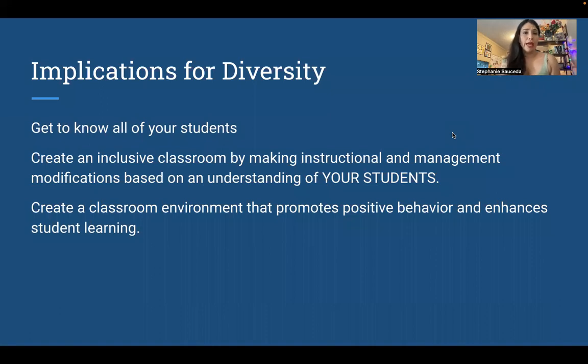So creating a classroom environment that promotes positive behavior and that enhances students' learning. So we have to know our students, the good, the bad. There is no bad, but there are difficulties, right?